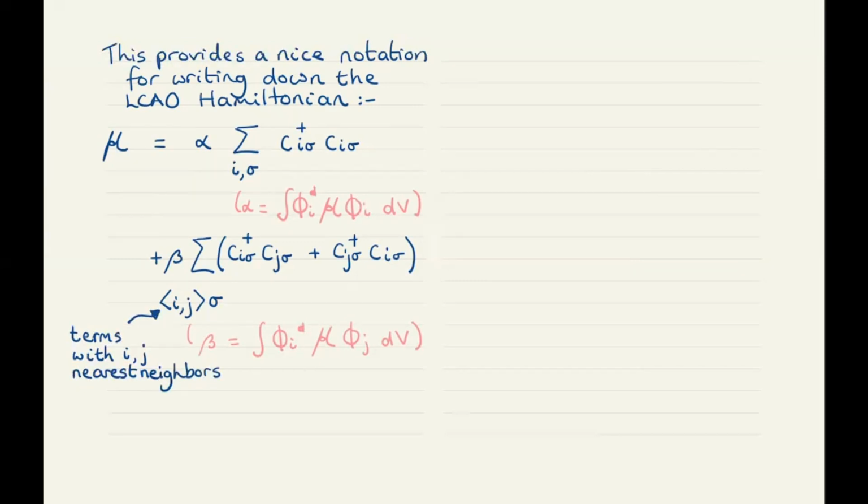Now, at the moment, this might seem just a bit of a complicated way of writing down what was much more straightforward when we looked at it in real space. But when we next explicitly include the electron-electron interactions, then we'll see that there's a definite advantage to this notation.